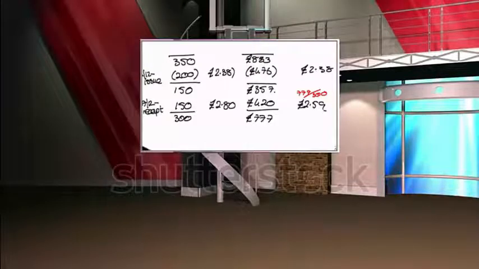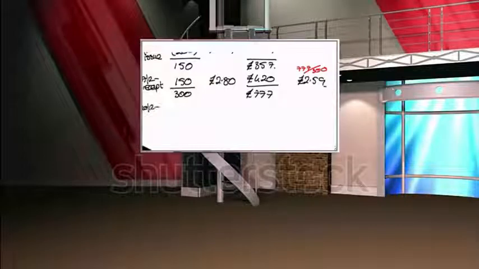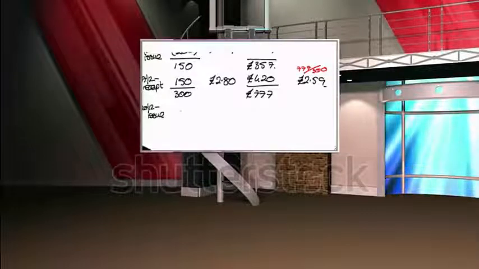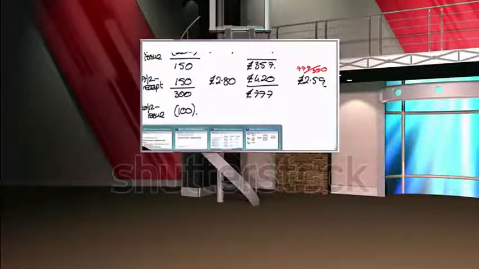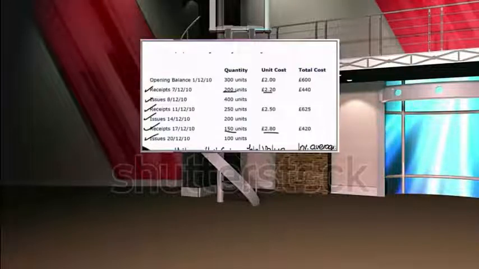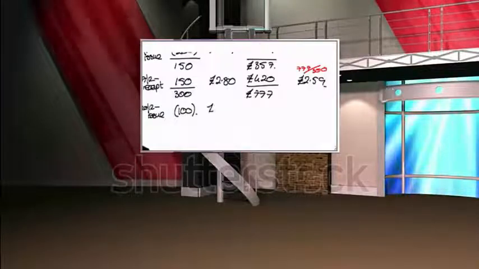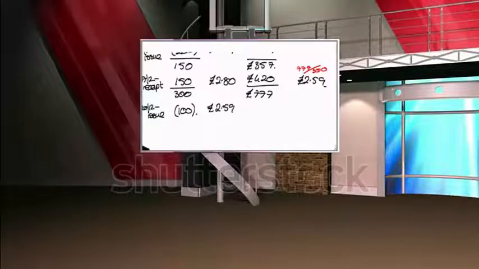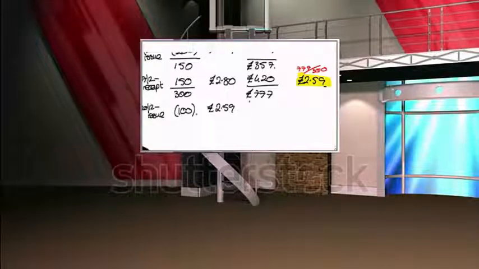And then finally, we have our last issue of 100 units on the 20th of December. We know that we will issue those units at our most recent average cost, £2.59.